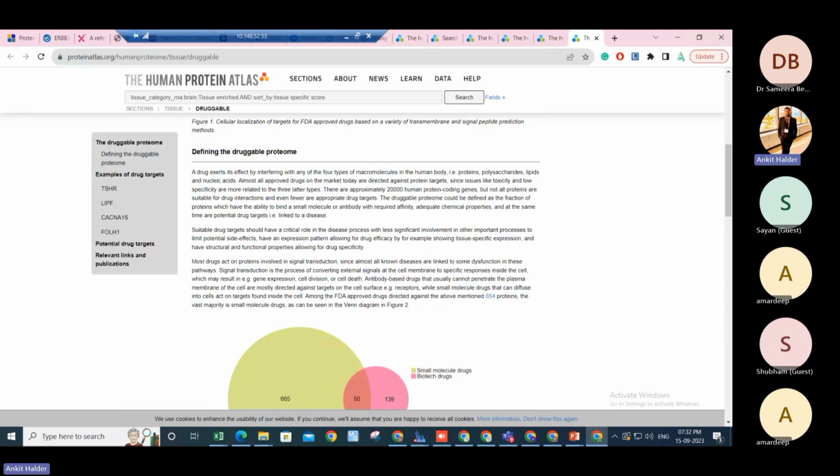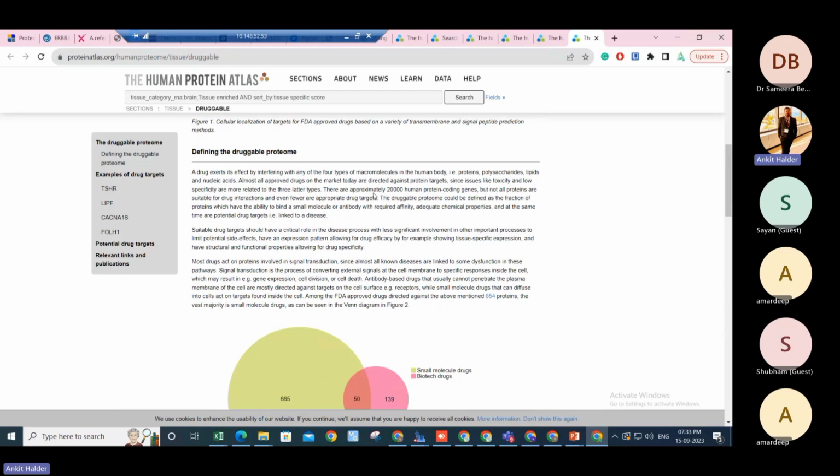But almost all approved drug targets on the market today are directed against protein targets, since issues like toxicity and low specificity are more related to the other three types, because lipids and polysaccharides are present on your cell organelles and on each and every cell. So targeting a particular species or a particular cell, or against any cancer cell, naturally becomes quite difficult, unless you are trying to find some marker.